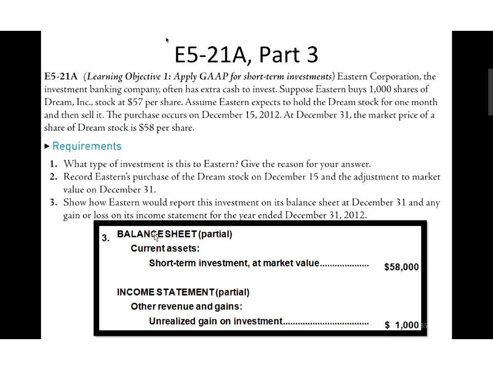Okay, so that's it on that exercise. Short-term investments show on the balance sheet under current assets. They typically show right after cash. Sometimes short-term investments and accounts receivable can be flip-flopped, but they are right after cash. And on the income statement, it goes under other revenues and gains.